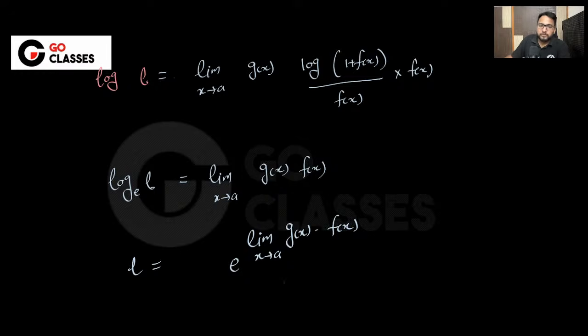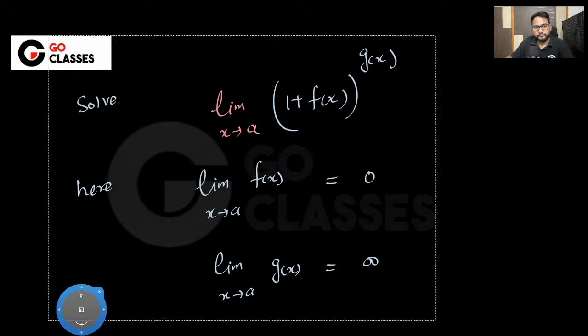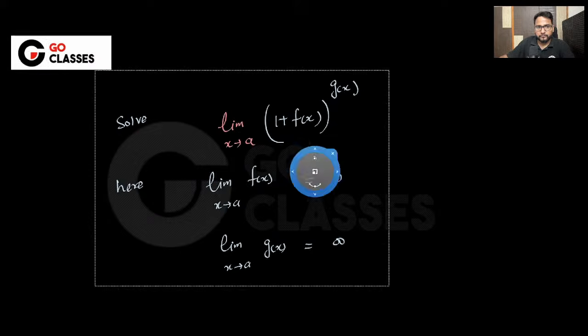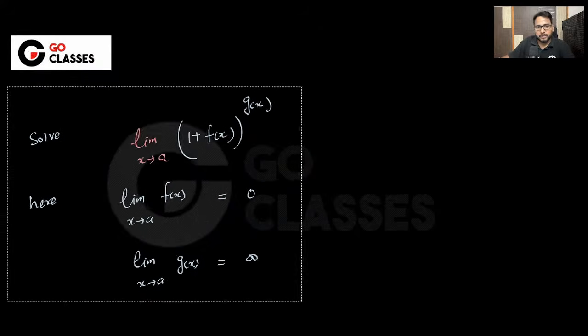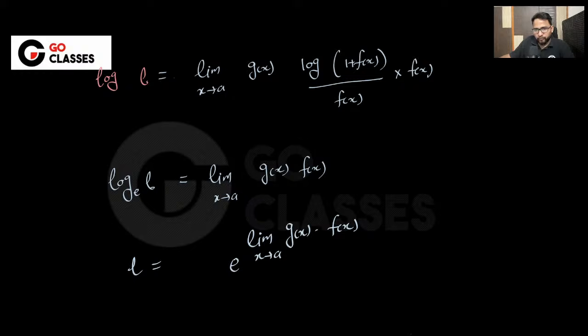Okay. So see, we started with this. We wanted to solve this. We assumed that this particular limit is L. Now, we did some calculation and we arrived at the simplified form of this L. Why it is simplified, you will get to understand.